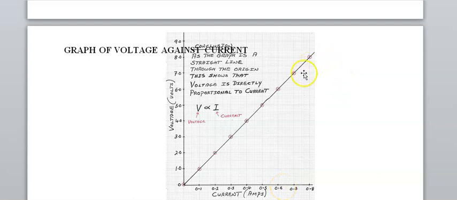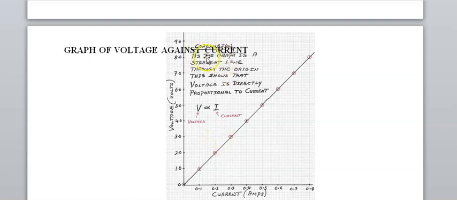And because I've got a straight line, of course, when you're plotting graphs, it's very important to put both the quantity and the unit: voltage in volts, current, the quantity, and the unit amps. If you get a graph that's a straight line through the origin, you can say, well, I know what the mathematical relationship between them is.